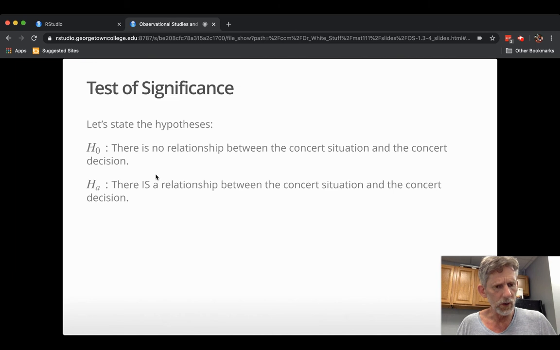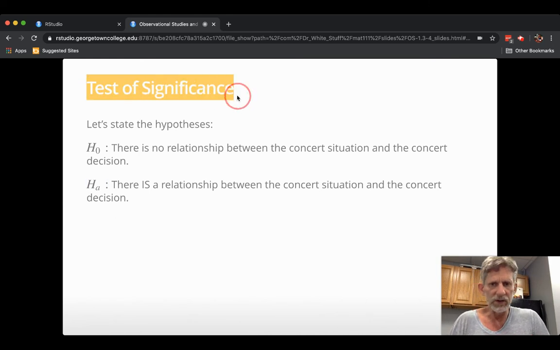No association at all. Just chance in which people got which forms. Alternative hypothesis, there is a relationship between concert situation and concert decision. The difference of 30.81% is too big to be explained by chance variation in who got which form randomly. So when you're in this situation with these two competing hypotheses, you're doing what we call a test of significance.